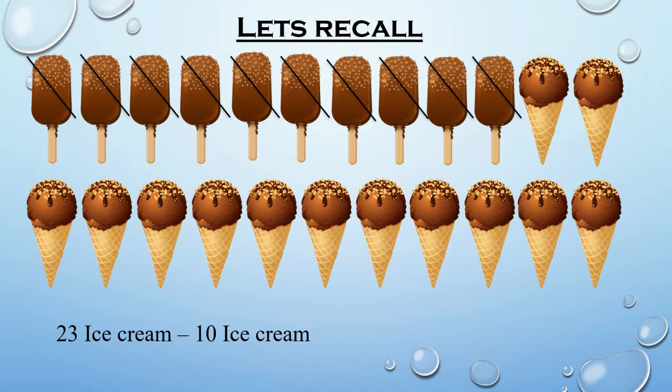Let us count the cone ice creams which are remaining here. 1, 2, 3, 4, 5, 6, 7, 8, 9, 10, 11, 12 and 13. So 23 ice creams minus 10 ice creams, that is 23 minus 10 is equal to 13 ice creams.